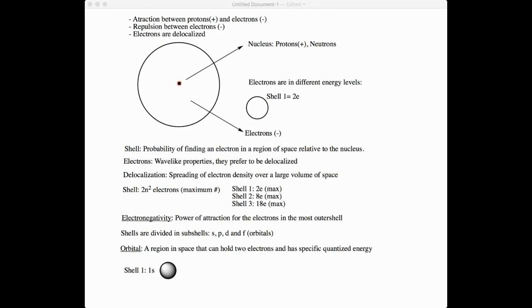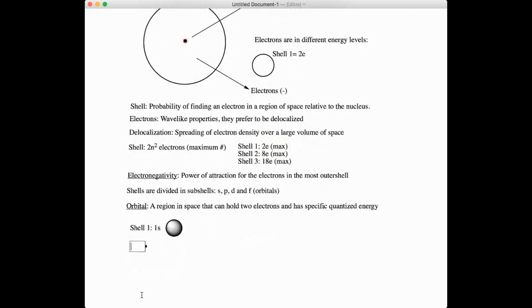Okay. So in the second shell, how many orbitals should we expect to have in shell number 2? So shell number 2, you can have a maximum of 8 electrons, right? Yes or no? What's the maximum number of electrons that we can expect for shell number 2? 8 electrons. Good.